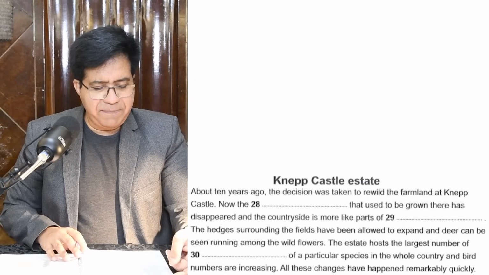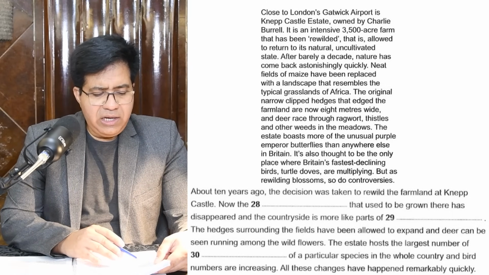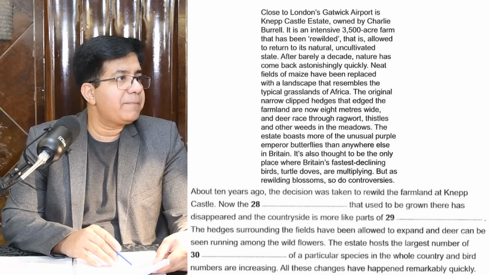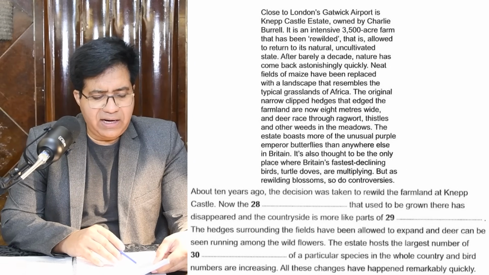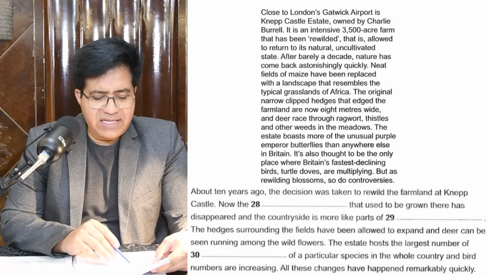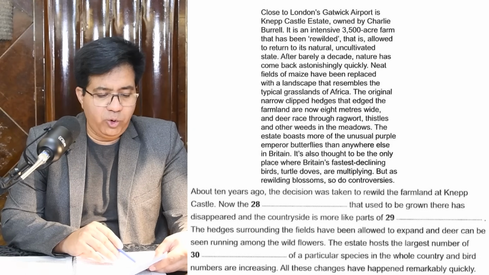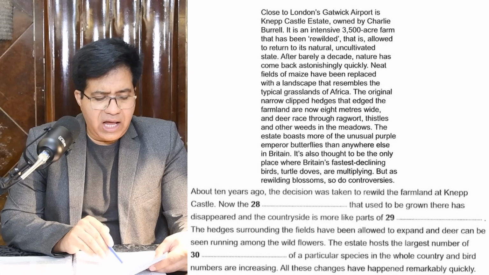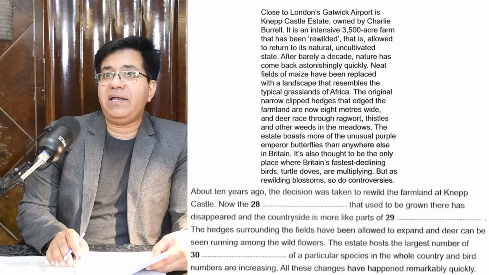Now come back, same paragraph. I'm reading after Africa. Original narrow-clipped hedges, found it? Original narrow-clipped hedges that edge the farmland are now 8 meters wide, and deer race through ragwort, thistles, and other weeds in the meadows. The estate boasts, now boast means they host, more of the unusual purple emperor butterflies than anywhere else in Britain.